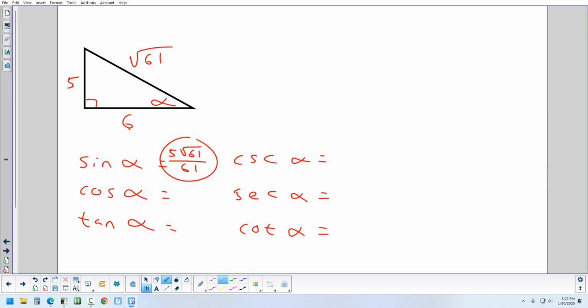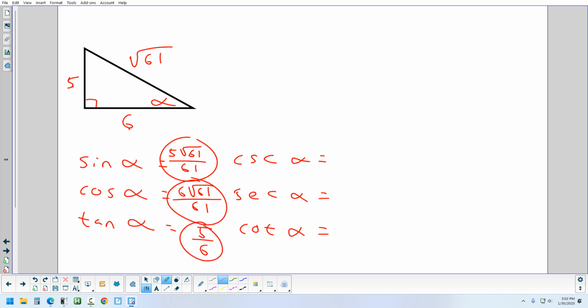How about the cosine? 6 root 61 over 61. All right, and the tangent. 5 over 6.